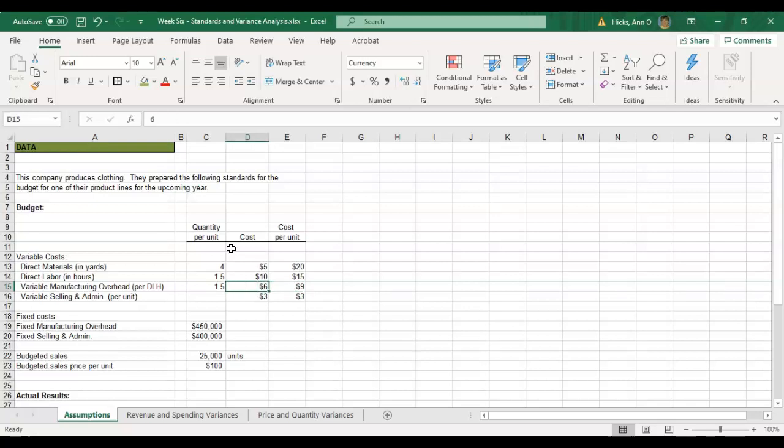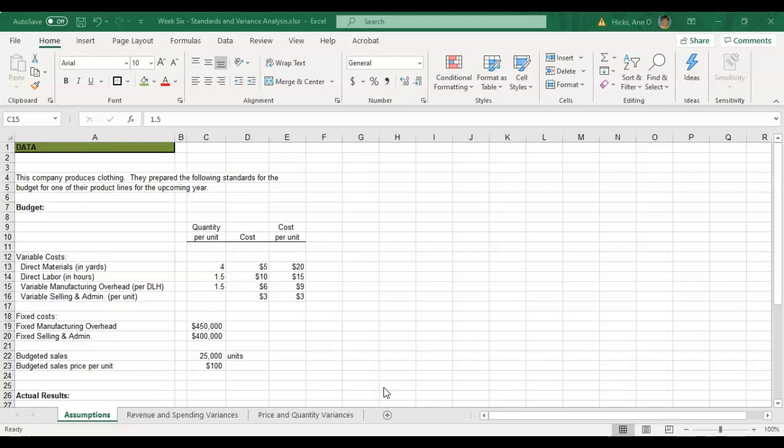So again, this standard is something that management comes up with, and there are a number of different ways to look at how you arrive at your standard. We won't in this course go into a lot of detail on that, but management needs to make a decision.